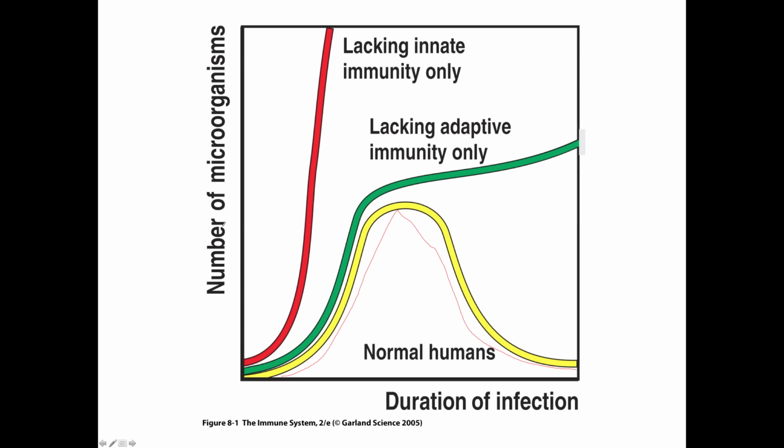And this is the number of microorganisms that are available, for example in the blood or in the infection area. If you don't have an innate immune response, then the number of microorganisms just skyrockets. So it's a very, very important response, and it's the combination of the innate and adaptive immune response that's so important.